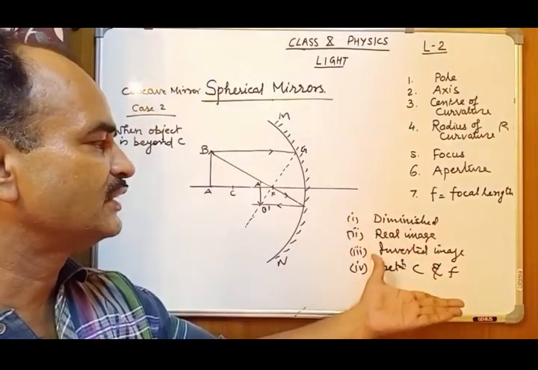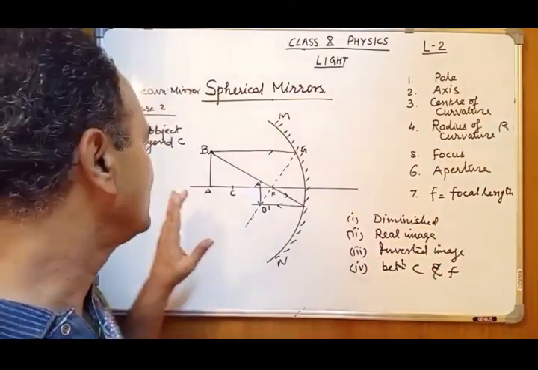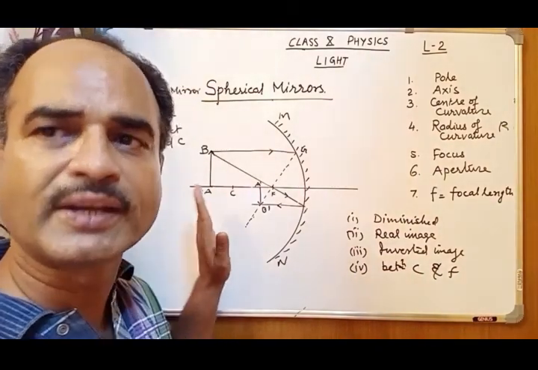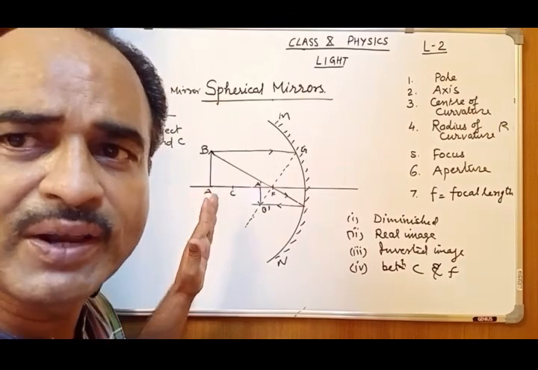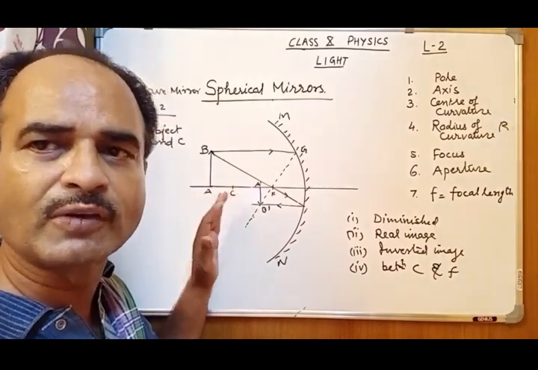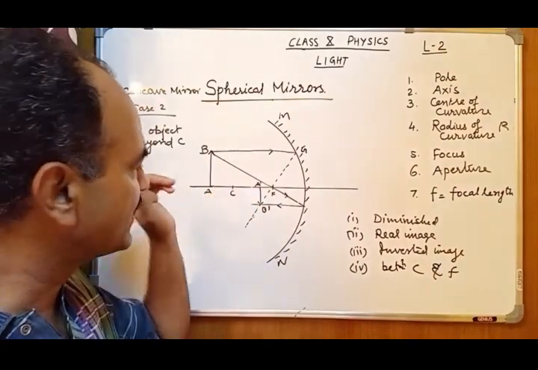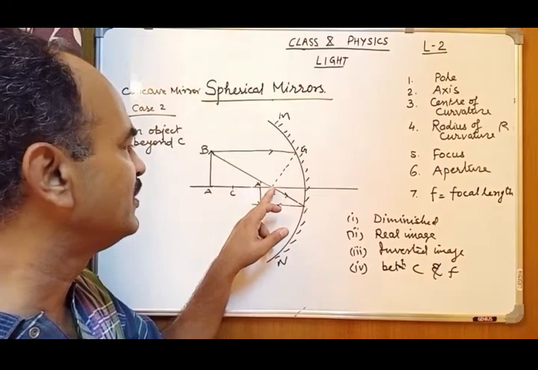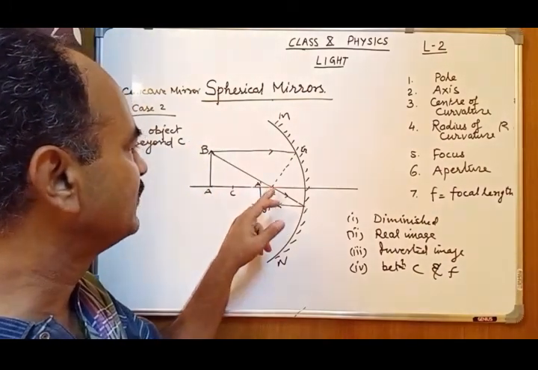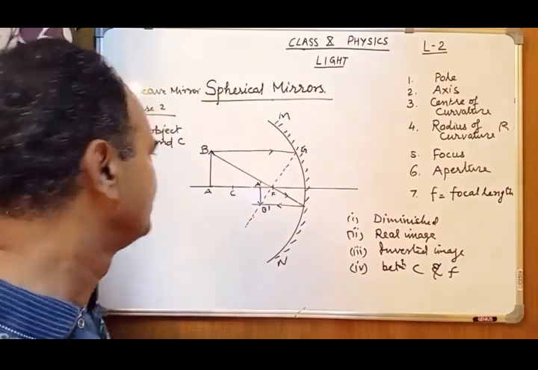So this is the nature of the image formed when the object is placed a little beyond C, not at infinity. Please remember, infinity is a separate case, and between infinity and the center of curvature is another case. In that case, the image was highly diminished. Now when the object has come nearer, the size of the image has started getting bigger.